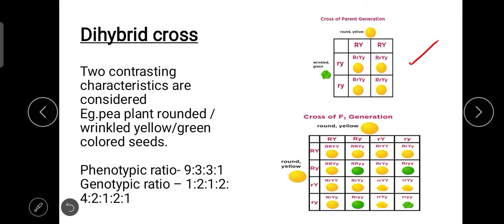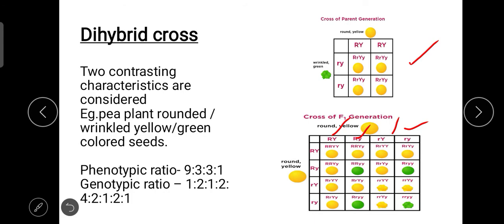So he considered four male gametes and four female gametes, and did the experiment. In the F1 generation in the dihybrid cross, the gametes formed are capital R capital Y, capital R small y, small r capital Y, and small r small y. These were the four gametes formed in the F1 generation.